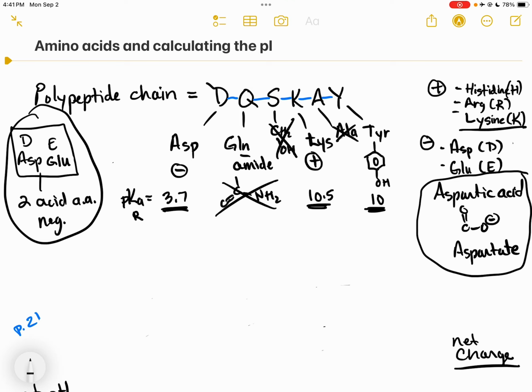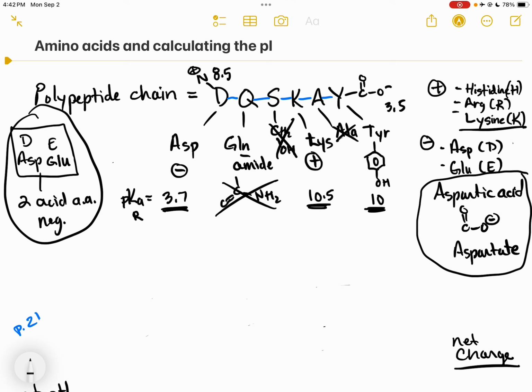All right, let's remember that since this is a polypeptide chain, it does have an ionizable group on the amino end and on the carboxylate end. So we're going to have to remember those too. What are the pKs for those? We can memorize those as approximately 8.5, and what's on the other side? Is it 3.5? Yeah, 3.5.